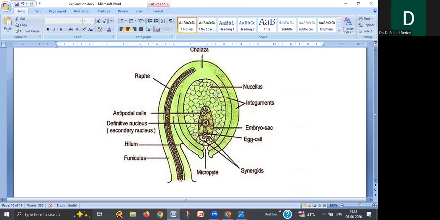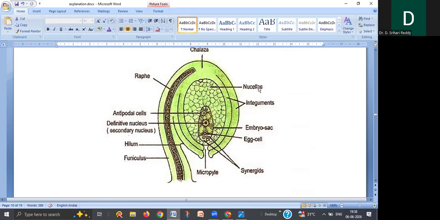The nucellus is always diploid, and it is also named perisperm. The leftover nucellus in the seed after fertilization is called perisperm. It is diploid before fertilization, and after fertilization also diploid.